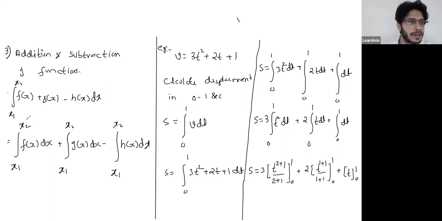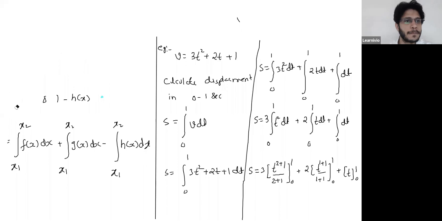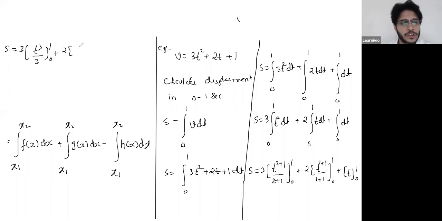Yeah, Fazil, now you are correct. Sania, you are missing something. You're missing one term. So the displacement is 3. It's t cube over 3. Limit is from 0 to 1. It's 2. It's t square over 2.